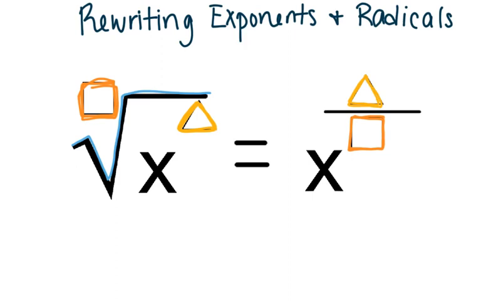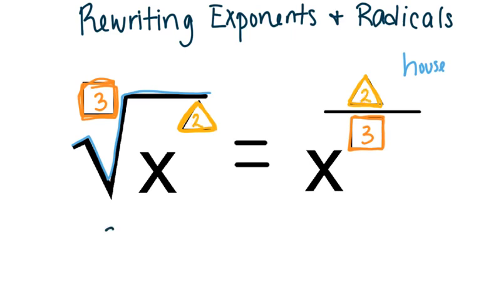So I like to say that this over here looks like a little house, and you just fill in the house. So let's say that there was a 3, that's a cube root, this would be a 3 in the denominator. Let's say that there was a squared right here, this would be a 2 right here.